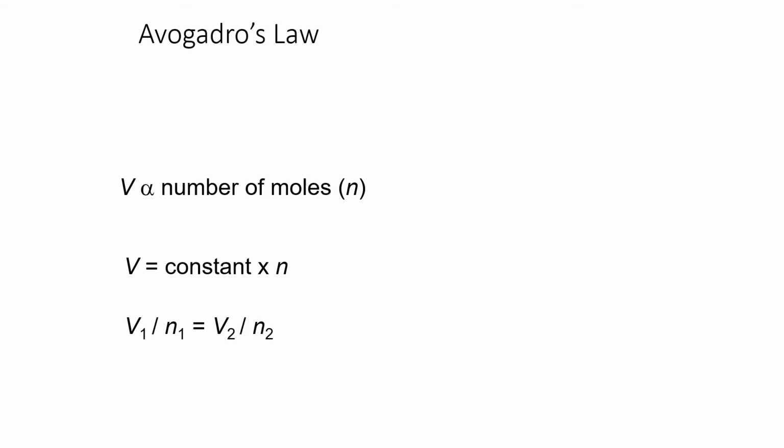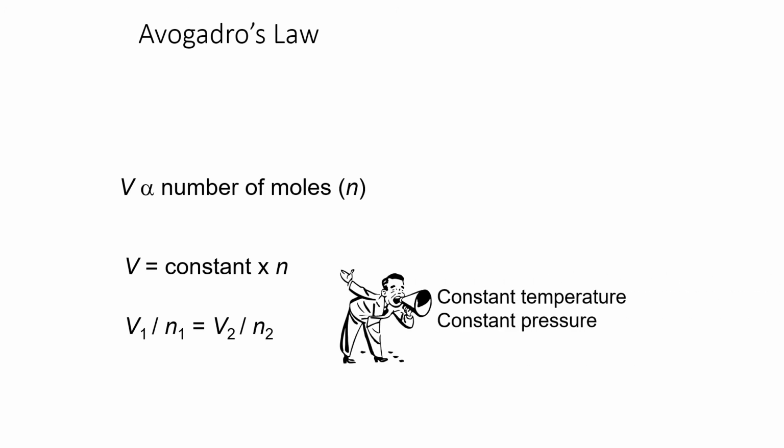And we can also expand that and have initial and final conditions and use this relationship just as we've seen with the other two laws. This constraint is constant temperature and constant pressure.